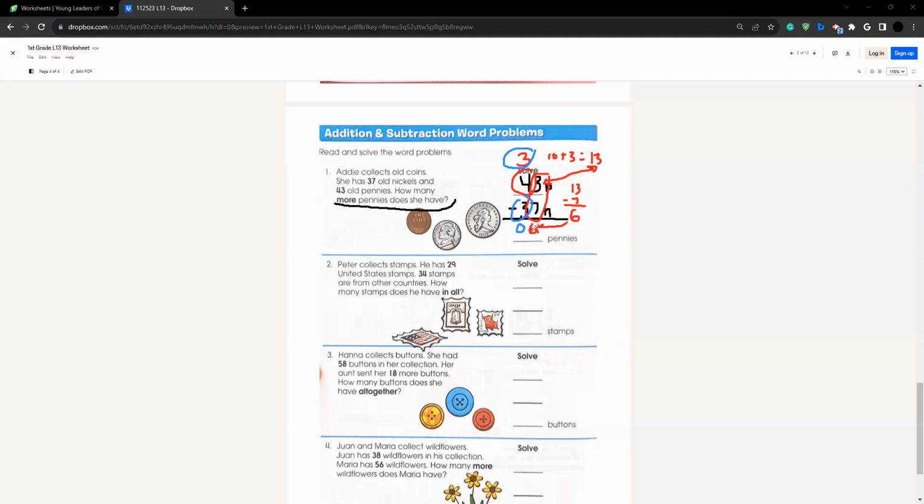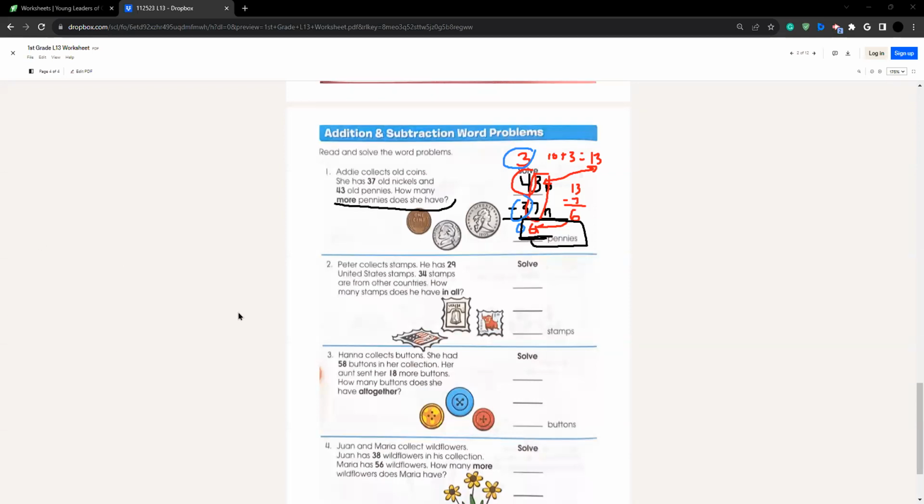So she has 6 more pennies than nickels. Yeah, that might be a little confusing, but we'll get to more problems and we can practice it.